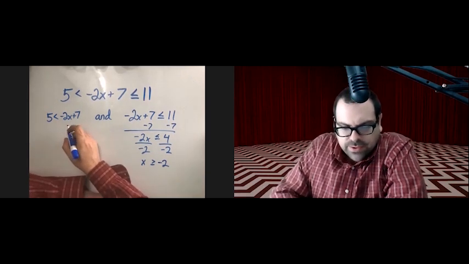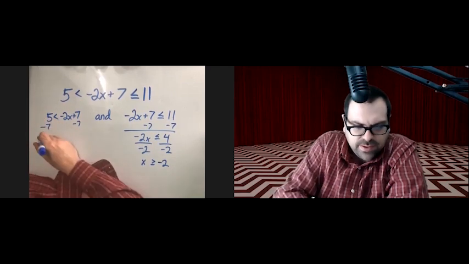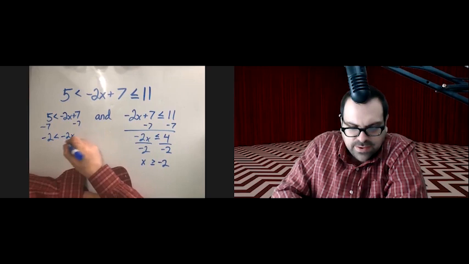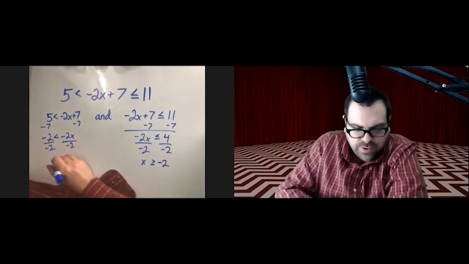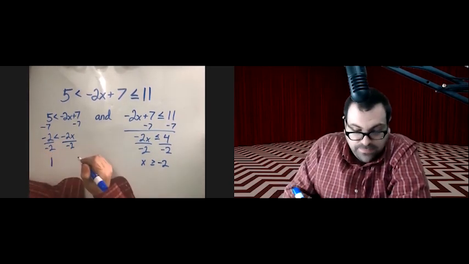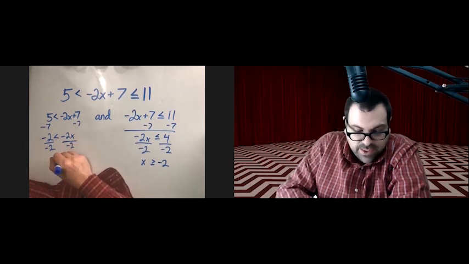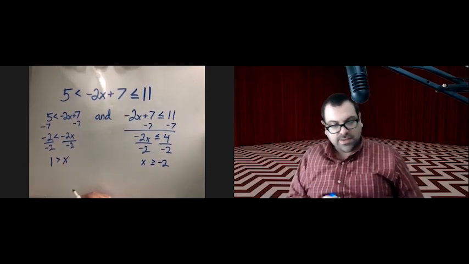Over here, subtract 7 from both sides. Negative 2 is less than negative 2x. Divide both sides by negative 2. Negative 2 divided by negative 2 is positive 1. Dividing by the negative means we switch the sign. And there's the x.